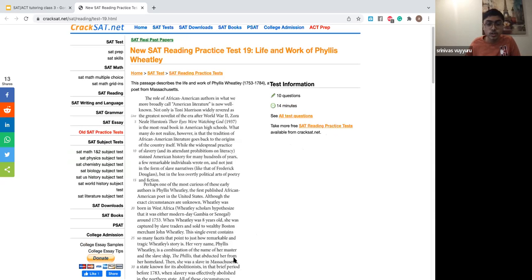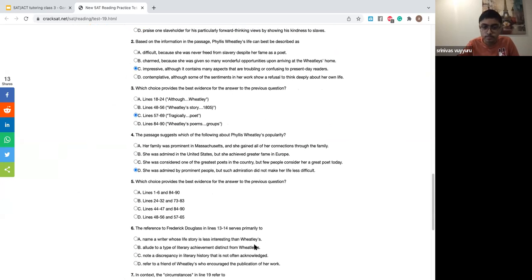So nowhere in this passage does it say her work was admired, or that her life was difficult. So you could take out that entirely. So neither of those worked. Therefore, you can cross out A.